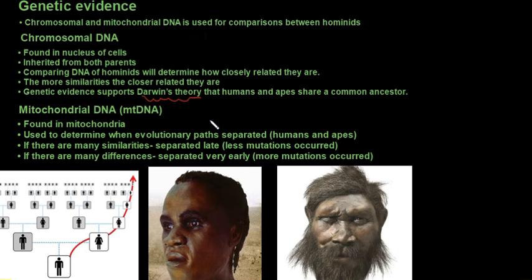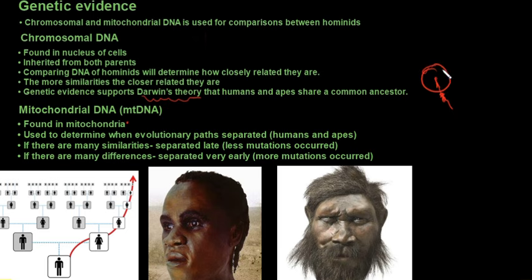And then moving on to mitochondrial DNA, also known as mtDNA. Now, this is found in the mitochondria. And specifically with this, they only trace it with females, because when the sperm cell moves towards the egg cell, the sperm cell's mitochondria stays behind, as only the head goes into the egg cell to fertilize it.